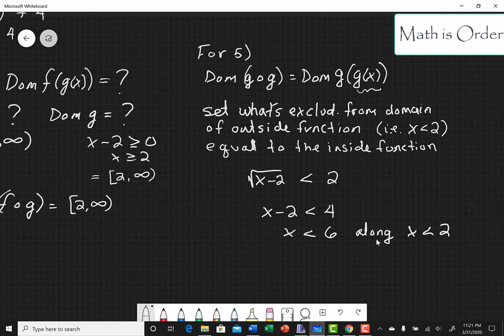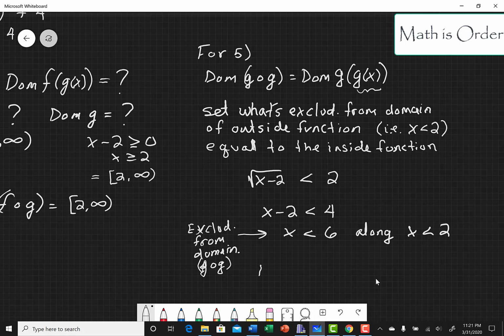All right, so we're good by just saying that these things are excluded from the domain of g composed with g.